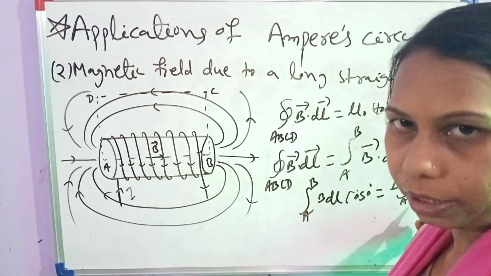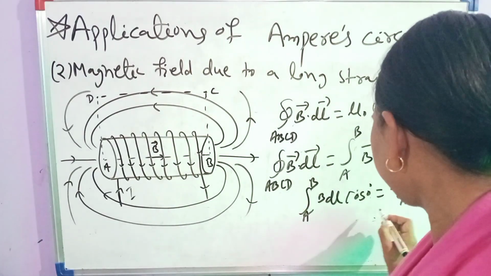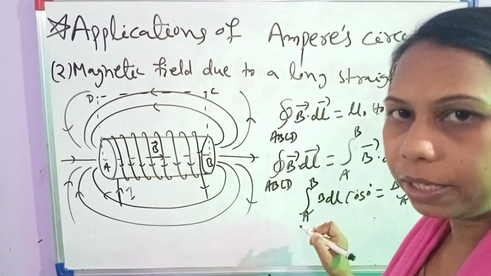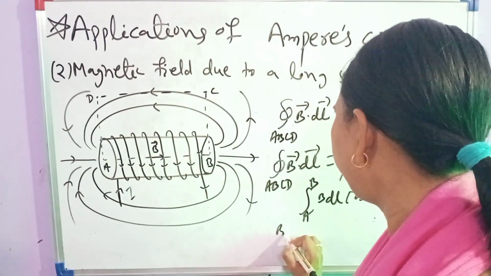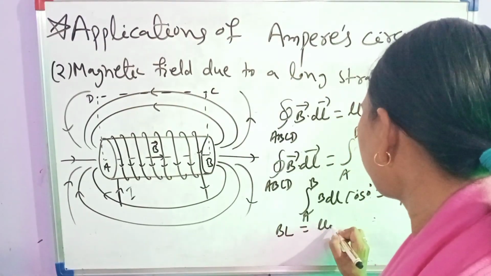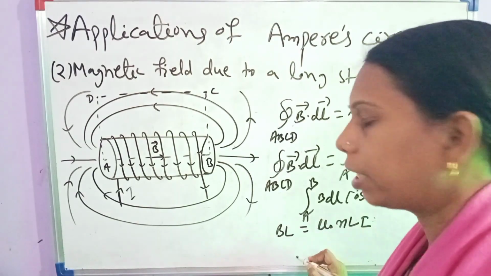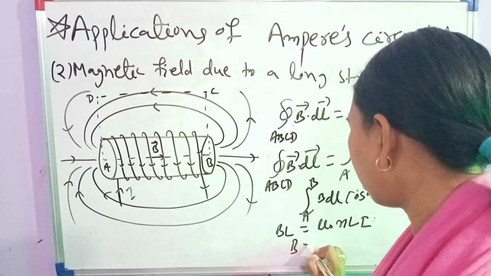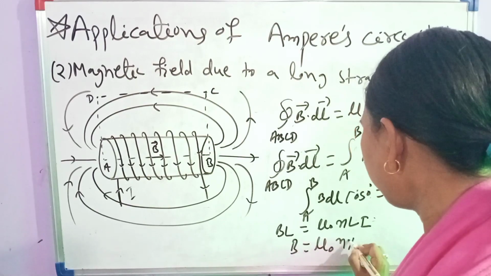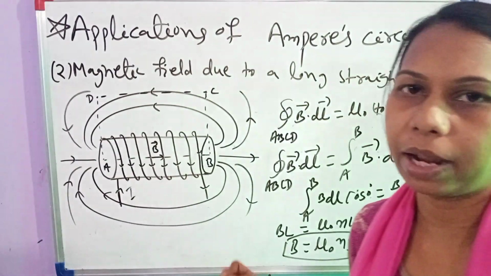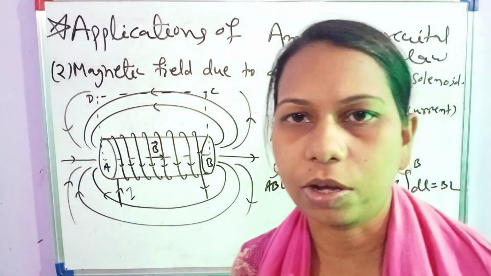We know that integration of dl is L, so this equals B into L. Now applying Ampere's circuital law, B into L equals mu naught nL into I. So L will be cancelled. B equals mu naught n I, which is the required expression for magnetic field due to a solenoid.